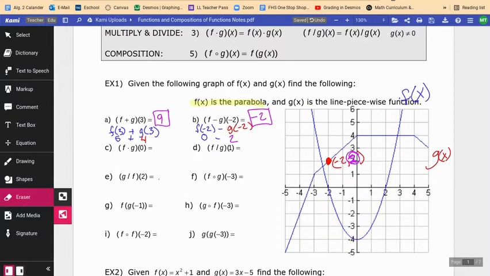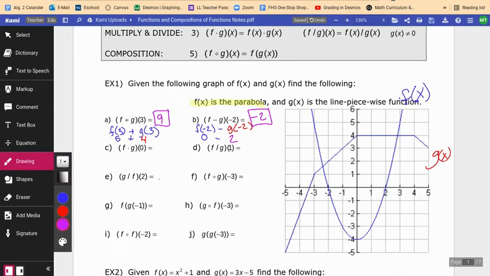Okay. And then we can continue on, right? So now this is f of 0 times g of 0. Okay. And so now again, I have to find 2 values. Again, here's when x is 0.